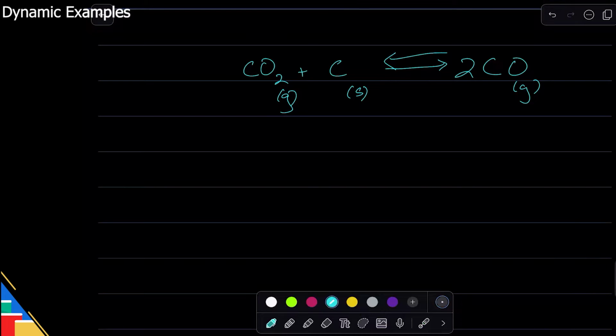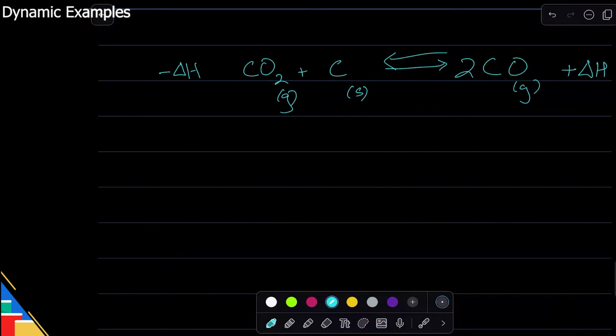Now this reaction is endothermic on this side, and exothermic on this side. So which side produces more temperature, right side or left side? The left side is exothermic, so that increases temperature. The right side is endothermic, so it decreases temperature.